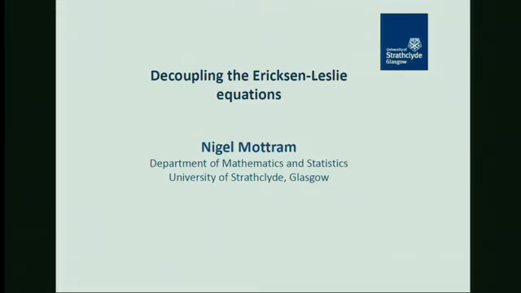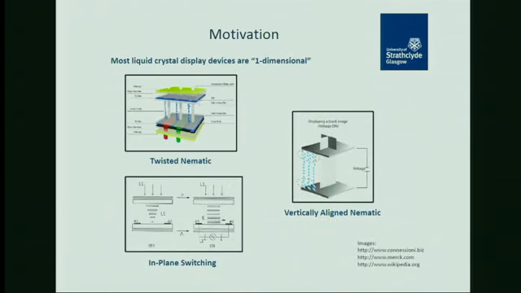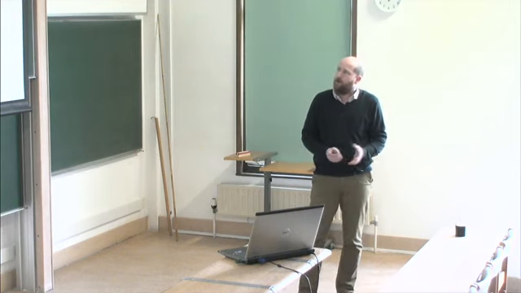Okay, so the motivation here, I'm going to have a one-dimensional system, just one spatial dimension, but that's still important. Lots of people are modeling and doing the theory of two-dimensional, three-dimensional space for liquid crystal applications. But in fact, the vast majority of liquid crystal displays, which is the main use of liquid crystal in technology, are all one-dimensional systems.